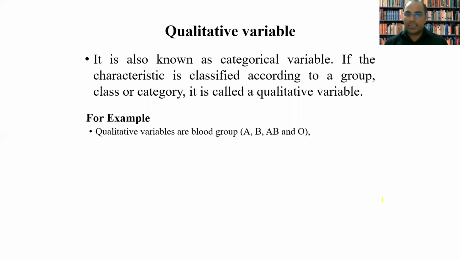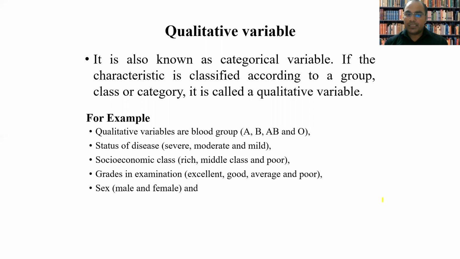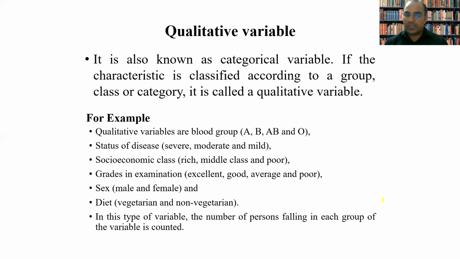For example, blood group A, B, AB and O, status of disease, severe, moderate and mild, socioeconomic class, rich, middle class and poor, grades in examination, excellent, good, average and poor, sex, male and female, and diet, vegetarian and non-vegetarian. In this type of variable, the number of persons falling in each group of the variable is counted.